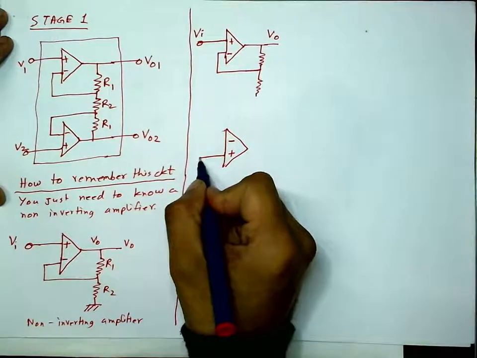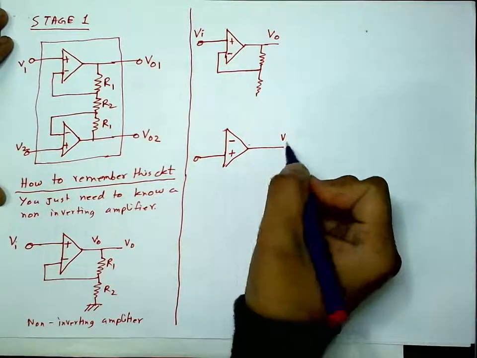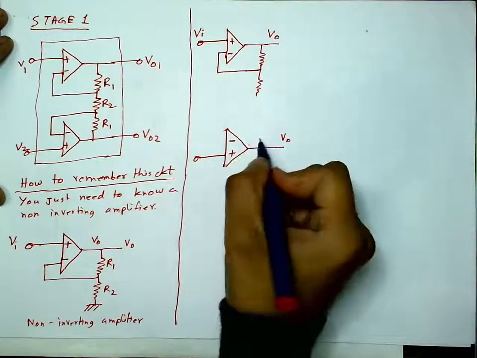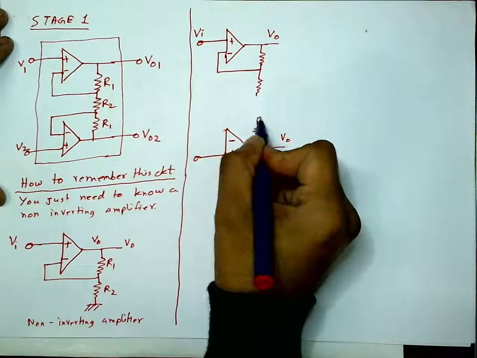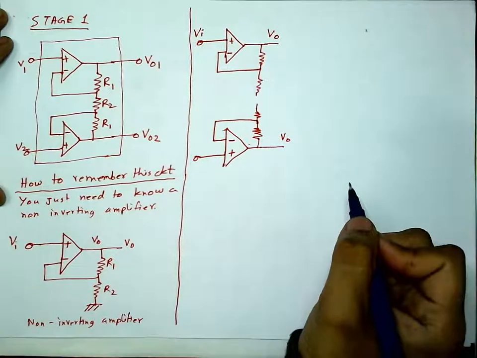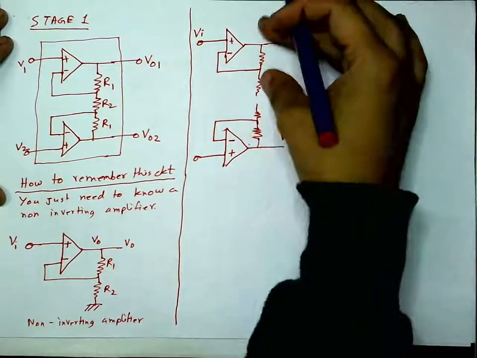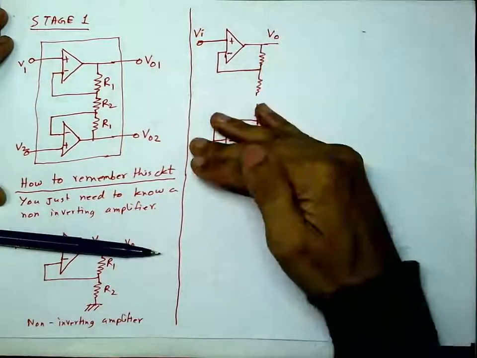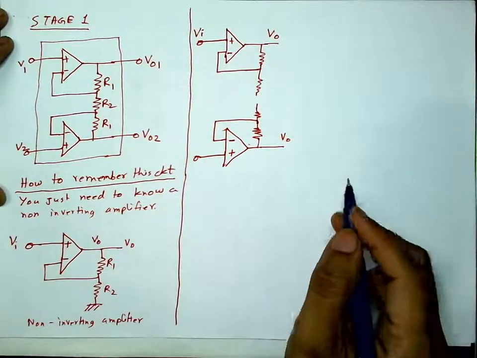So the input will be here definitely, output will be here, and a fraction of the output comes back to this, right? So this is just a mirror image of this. If you just flip it, you get this. This is just a mirror image of a non-inverting amplifier.